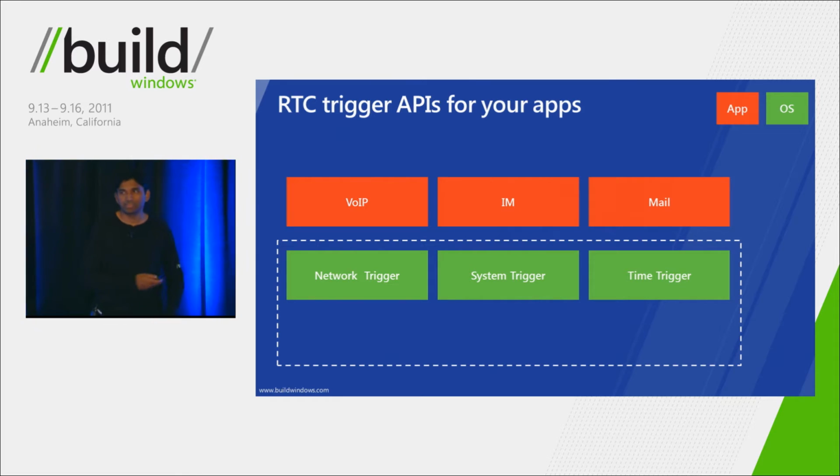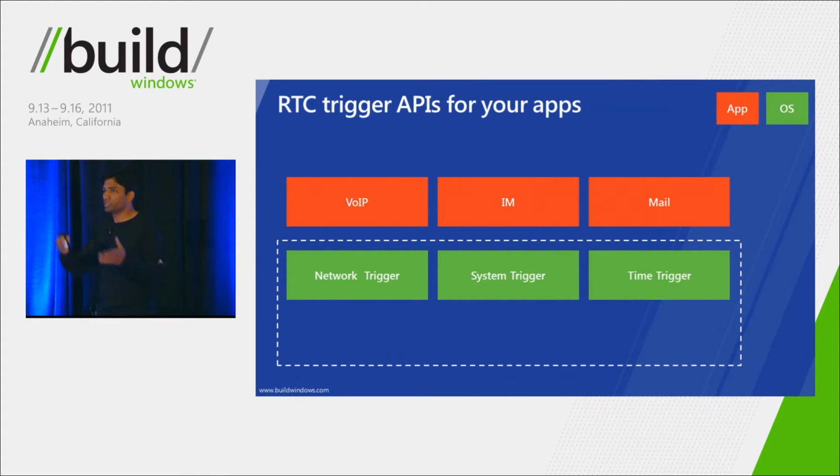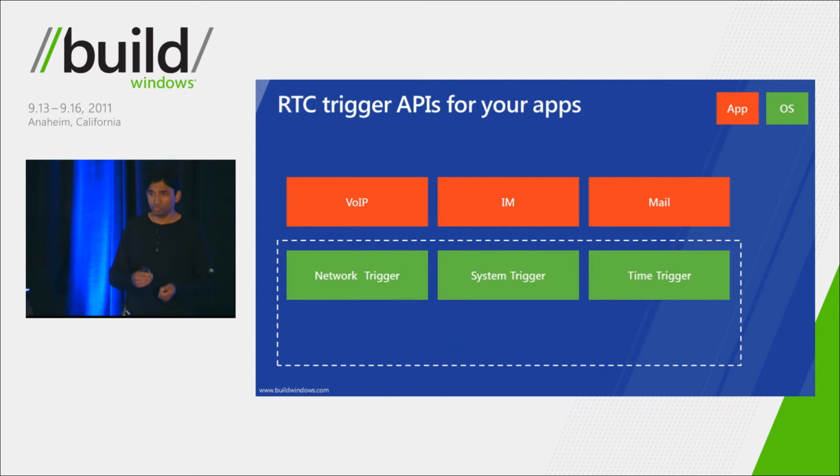The first one is a network trigger. For example, in our IM case, a packet came across the wire and came up through the stack. And at this point, our Ping Me app had written code that, once this packet comes in, it starts running some code, and in this case, pops a ringing toast. That's an example of a network trigger.